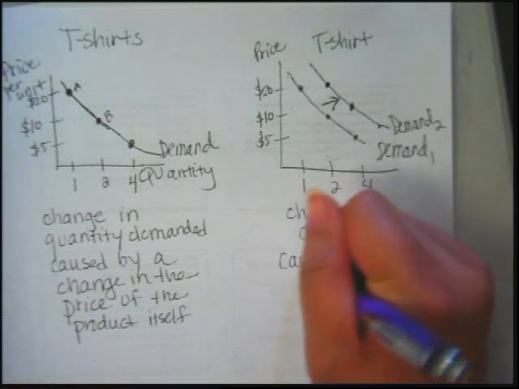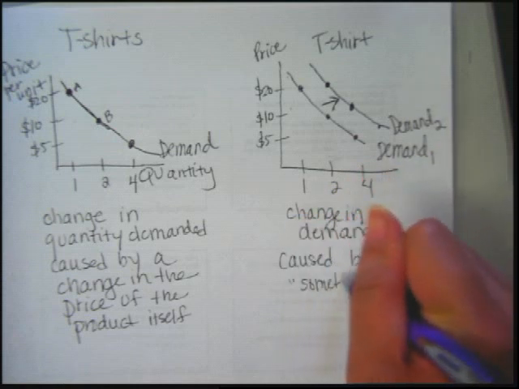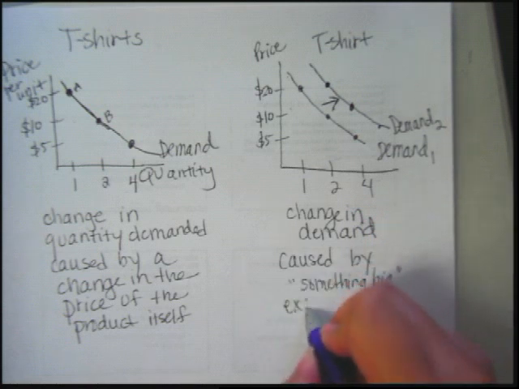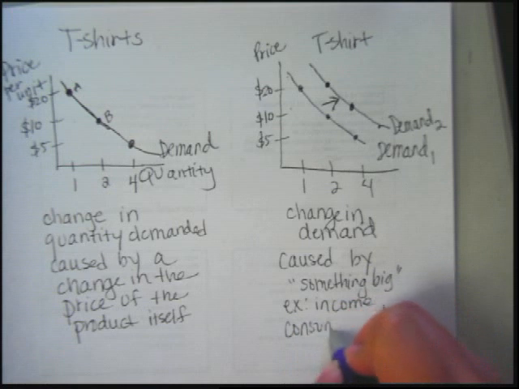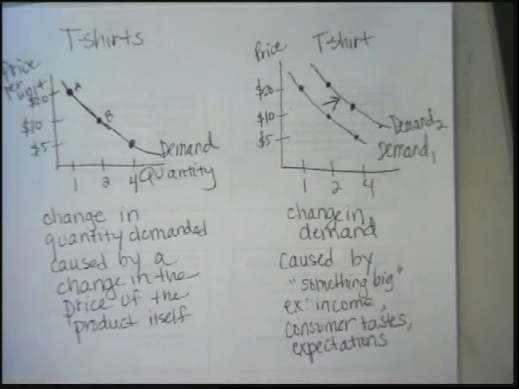And this is caused by, and I'm just going to put something big other than price. For example, it could be income, it could be consumer tastes, or expectations, how many people that we have.